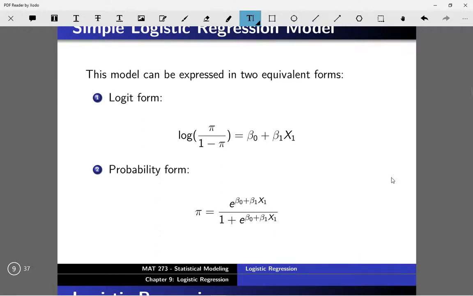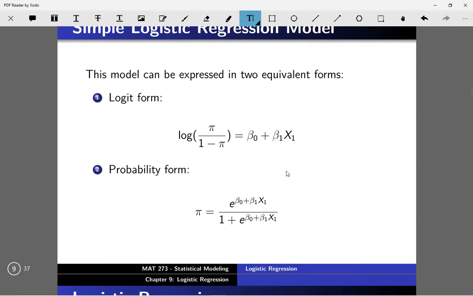And so there's two ways you can think about this assumed model. You can think of it as modeling the log odds as this linear combination of the predictor variable, or if you solve for pi here, since setting e to the power of something undoes the natural log, if you go through that algebra and solve for pi, you would find that pi is equal to this function of the predictor variable.